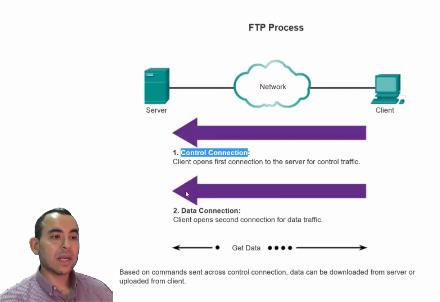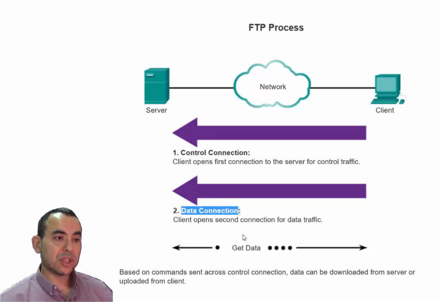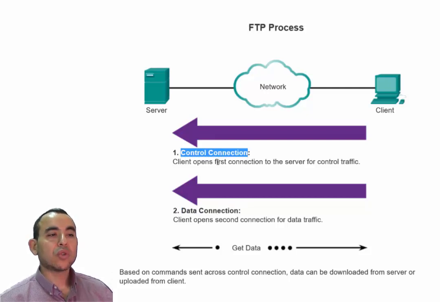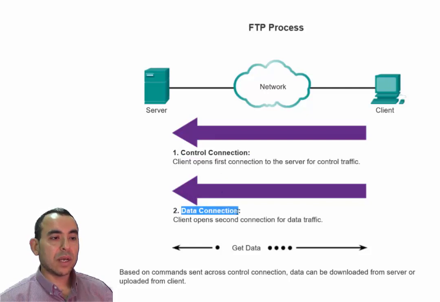And there is a data connection which stays live only when you try to fetch or push data to the server. I think the control connection uses port 21, and the data connection uses port 20.